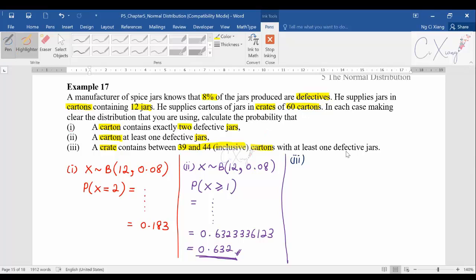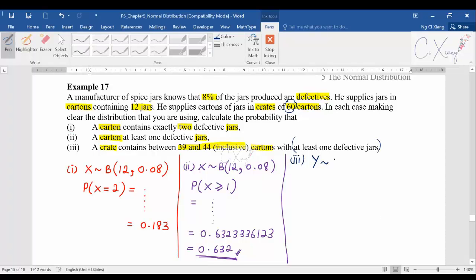When they are talking about the number of them, maybe I will use the other variable, which is y. X is the number of jars, so maybe y is the number of cartons. A crate has how many cartons? 60. So out of the 60 cartons, you have 39 to 44 cartons where something happened.